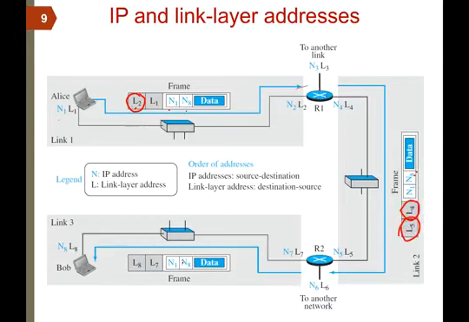Here the source was L1 and the destination L2, but here the source is L4 and the destination is L5. L5 is the link layer or MAC address of this port of this router. As we said, each device on the network will have a unique link layer address.